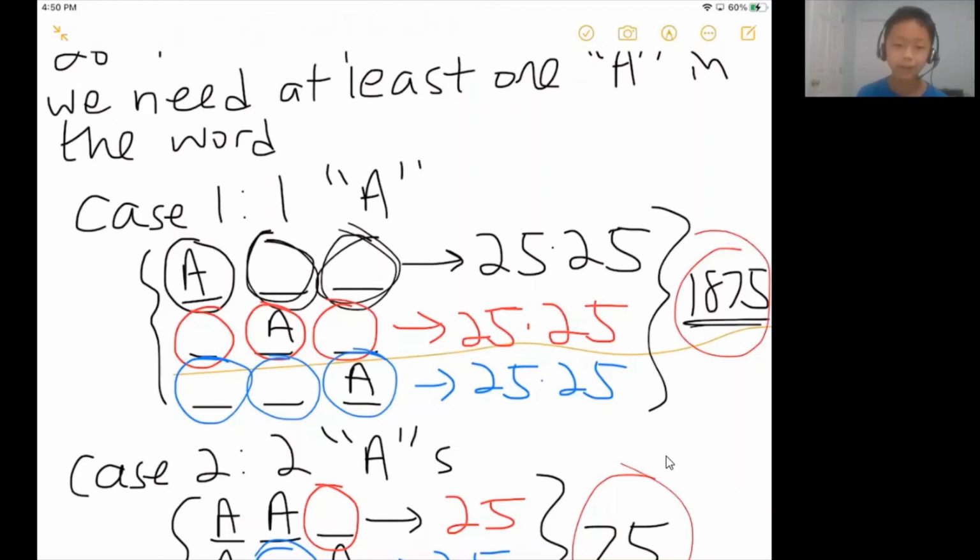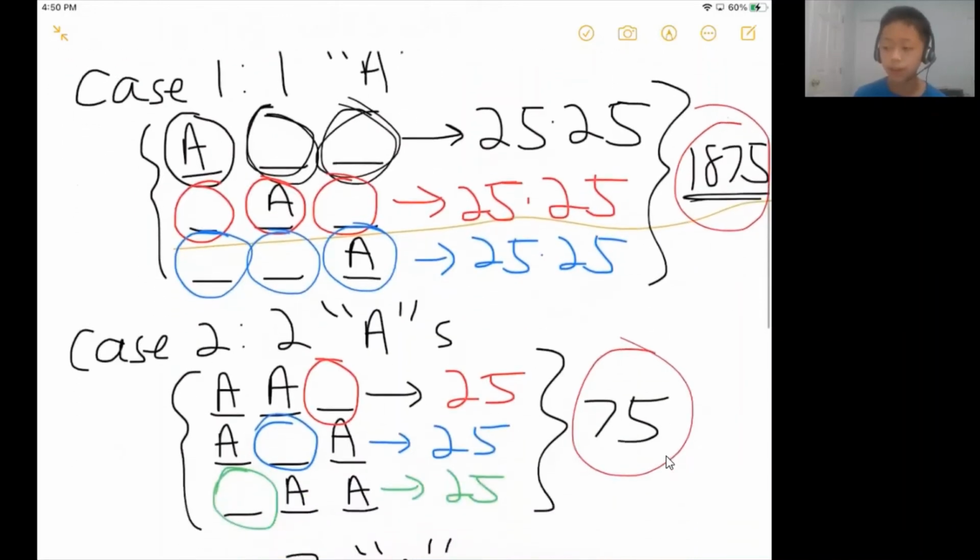And then you would get your answer immediately. I won't go into depth on how you would do that, but that's the general idea of complementary counting. But in this case, casework would also work perfectly fine by carefully breaking up the problem into separate cases and adding the cases up together at the end.